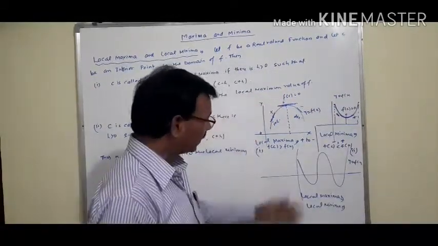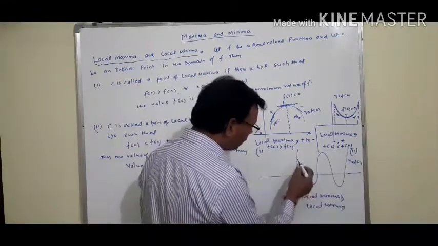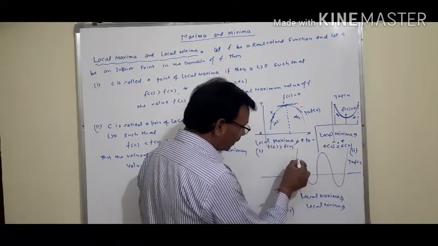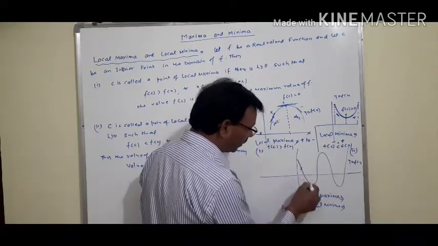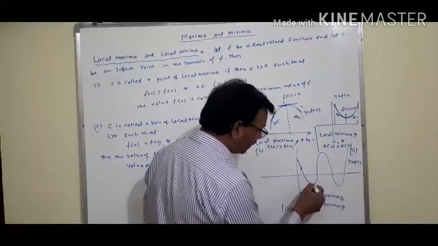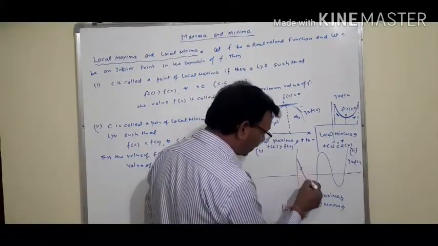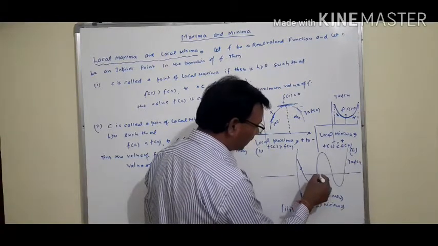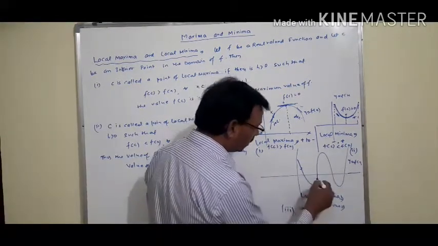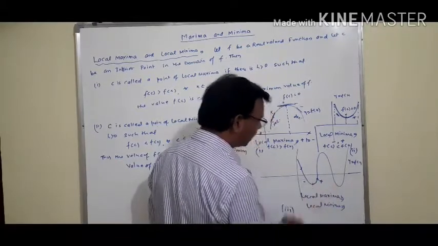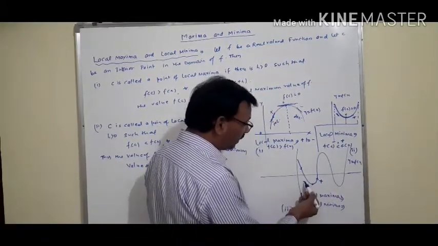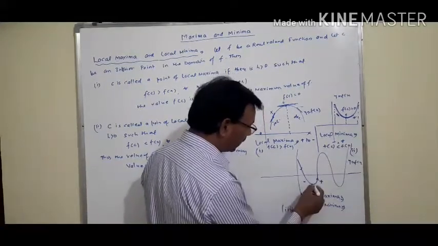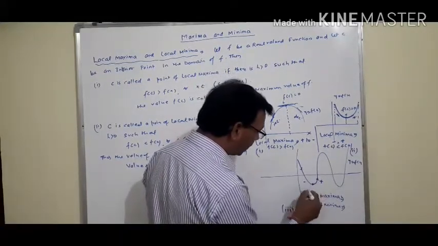In this graph, as you see here, if we go from the lower side, at this point it decreases, and after this point the function increases in this direction. This is the positive direction, this is the negative direction. When the sign changes from negative to positive, then this will be local minima.